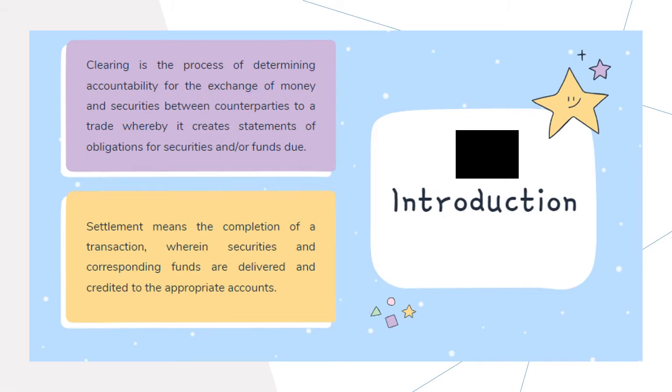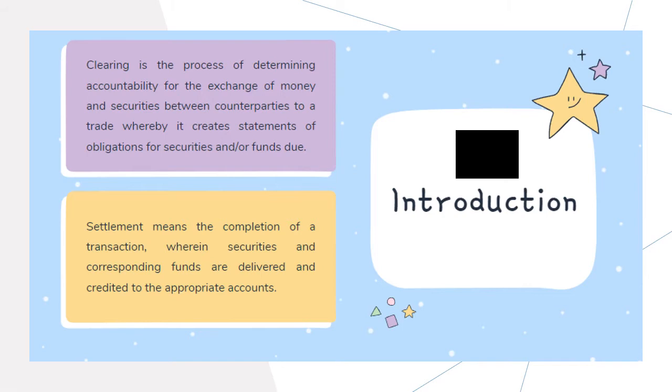Clearing is the process of determining accountability for the exchange of money and securities between counterparties to a trade, whereby it creates statements of obligations for securities and or funds due. Whereas settlement means the completion of a transaction, wherein securities and corresponding funds are delivered and credited to the appropriate accounts.